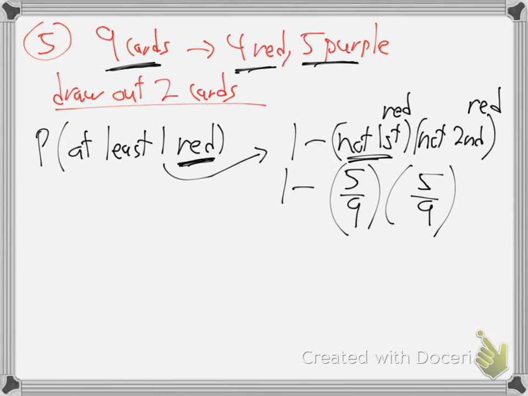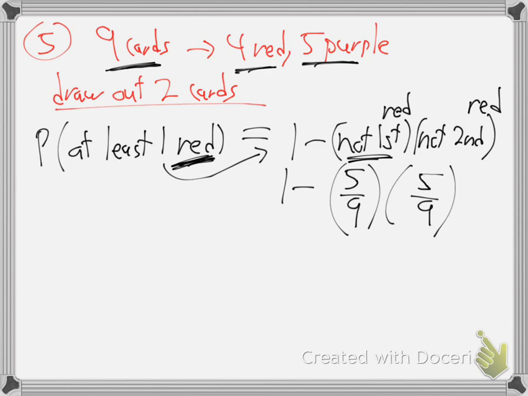So at least 1, like we've kind of run into it before, whenever they give us at least 1, it's always 1 minus not times not, and the not is not whatever they're saying, in this case, red. So not red, not red. And the chance you're not going to get red is 5 out of 9, because there's 9 cards and 5 of them are not red. And you can literally type it in just like that in your calculator, 1 minus 5/9 times 5/9.